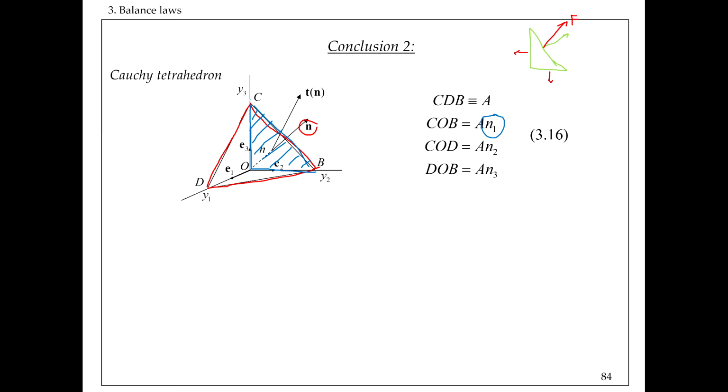If we want to calculate COD, the normal component in direction 2 will be the factor, and for DOB the component in direction 3 will be the factor that projects our area onto that new area. Okay, this is a simple geometrical consideration that we're not going too much in depth on here.